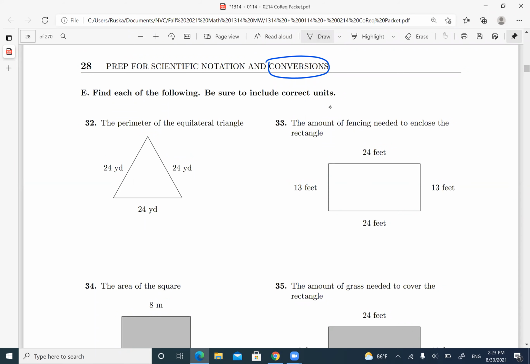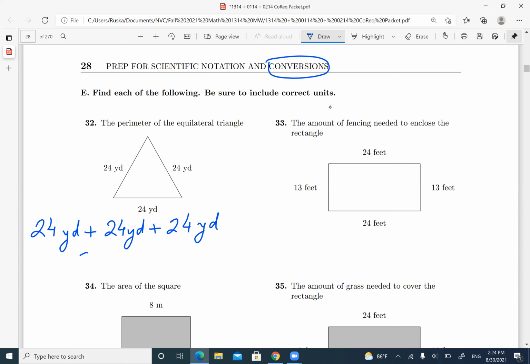So here we have to find the perimeter of the triangle. They give me the sides of the triangle, and how are you going to get the perimeter? The perimeter is when you add all the sides, right? So I'm adding 24 yards plus 24 yards plus 24 yards, right? They're the same. Which means you can technically multiply 24 by 3, right?